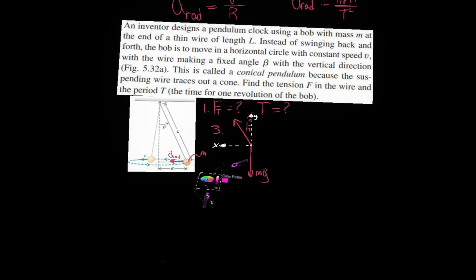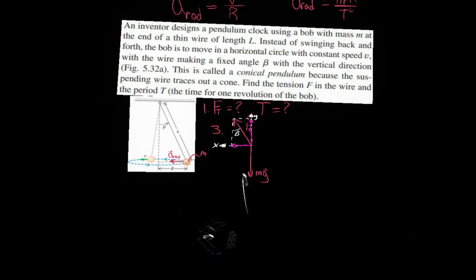So now, let's find the components. Components here and here of the tension force. What is our angle? This angle here is beta. Convince yourself that that's true, because this is straight up and down, and this is the same angle as this rope or the cord.